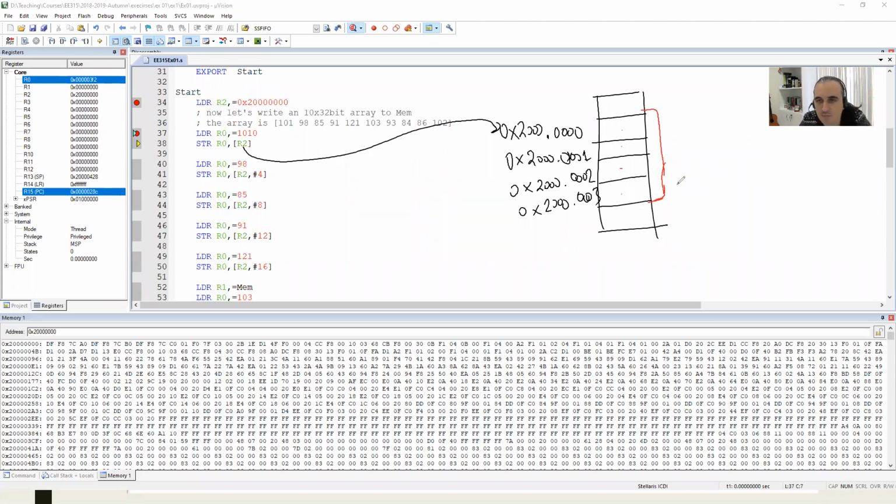Okay? So I'm going to be writing the values of R0. I have little endian notation, which means I'm going to be writing the least significant byte, not bit, byte, into the lowest address. What is the least significant byte? F2. So I'm going to be writing F2 here.